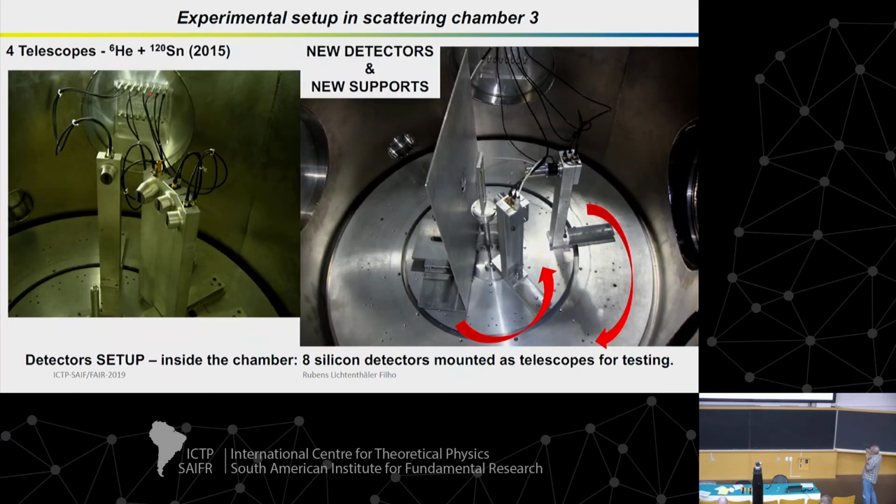Inside the chamber, we have 2 rotating plates that can rotate independently, so you can mount detectors in several combinations and rotate them independently. The idea is to make coincidence measurements using the system. These are the plates, these are supports for the telescopes, this is the target, and this is a plate in front of the beam. The beam comes from this side.